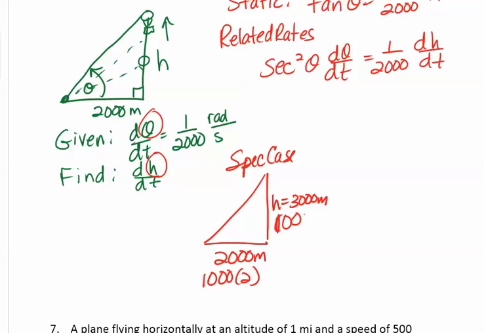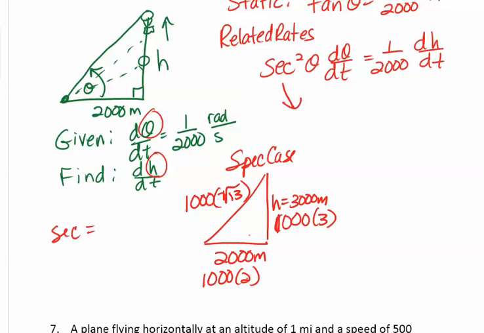So remember that our definition of secant, if cosine is adjacent leg over hypotenuse, then secant is hypotenuse over adjacent. So that's why we needed this side. So we want our hypotenuse, 1,000 square root of 13 over adjacent 2,000.